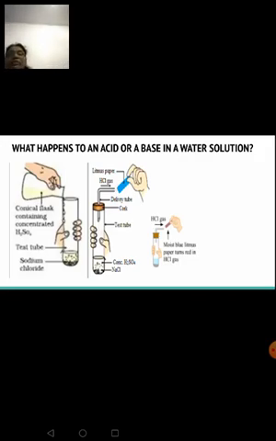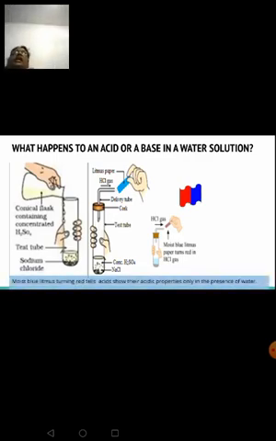That is why when the blue litmus paper was made moist and brought to the end of the delivery tube, it turned red. So, the turning of moist blue litmus paper to red indicates that acids will show their acidic properties only in the presence of water.